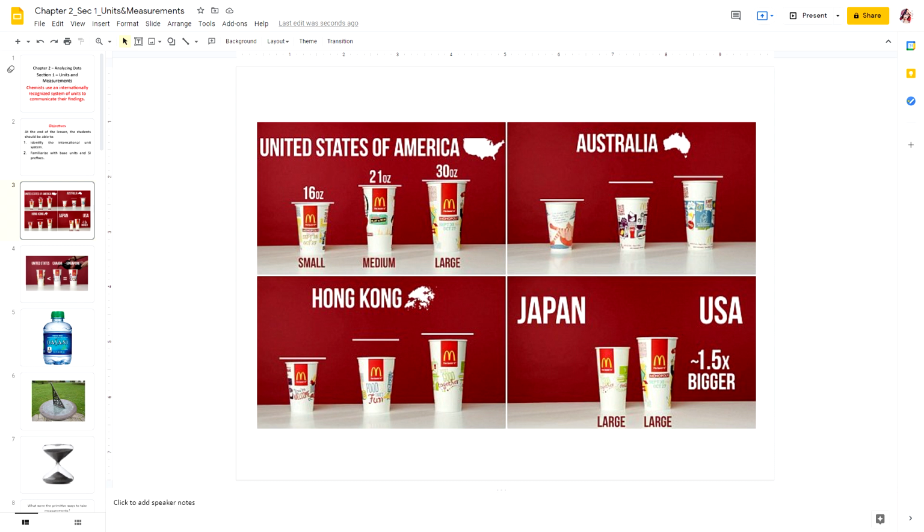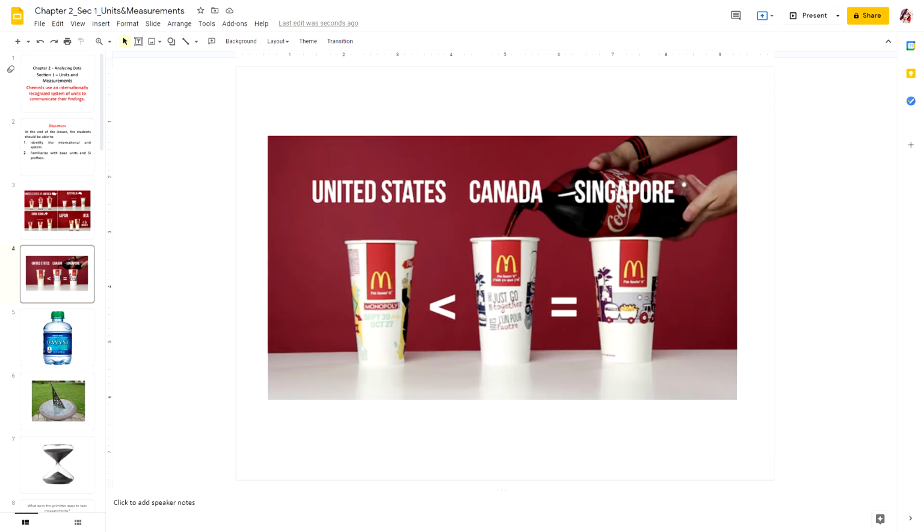So, in other words, it seems that there is no exact standard that the different countries are using. So maybe the next time you visit McDonald's here in the Philippines, maybe you can also compare the different sizes of their soft drinks. Okay, so let's move on to the next slide.